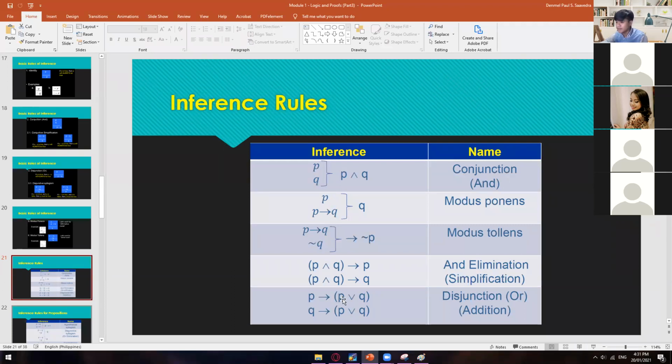So you can have this kind of answer. The same with Q. You can answer P or Q since Q is already true. And as you all know, in disjunction, if there is already one true, then the entire statement is already true, right?